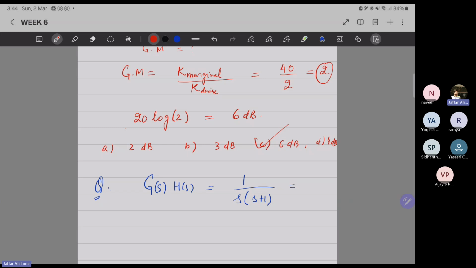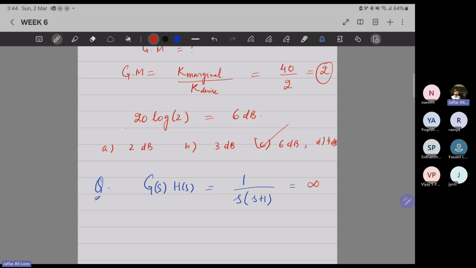So if it is second order, what is the gain margin? I right away said that the gain margin of a second order system is infinity because second order systems are always stable. But let's solve it in a proper way.